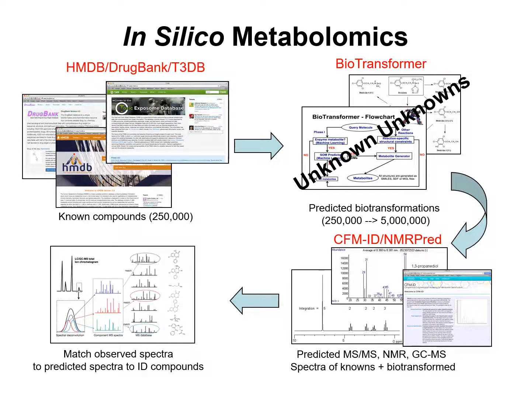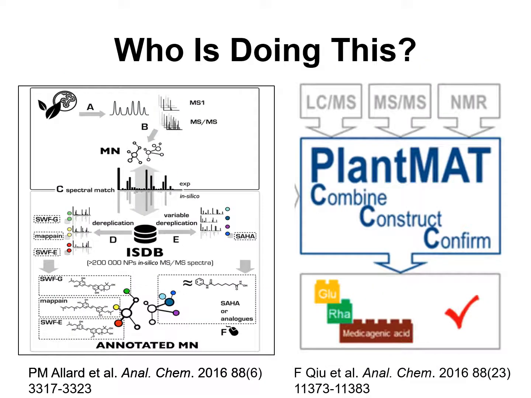Now, this may all seem nice as a theoretical construct, but in fact, there are a couple of labs that are already doing this. They've actually implemented this sort of pipeline into their processes. Groups in Switzerland, as well as Lloyd Sumner's group in Missouri, are using these tools or variations of these tools to identify unknowns and to create pipelines for doing this on a relatively rapid basis.